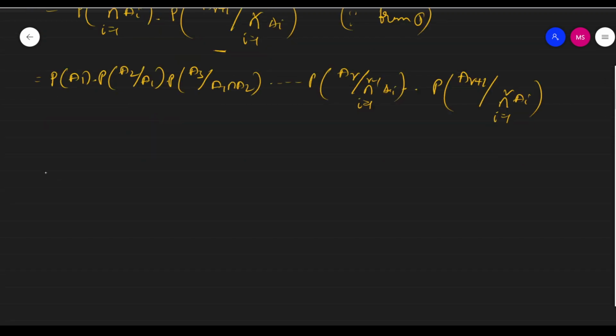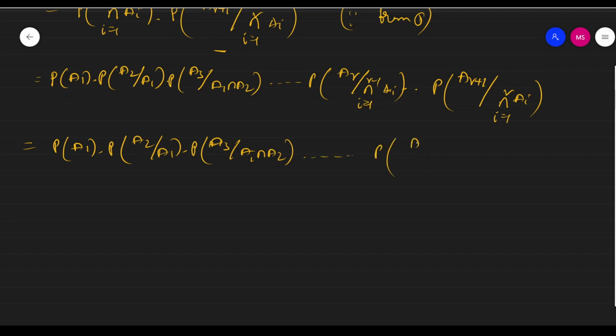So that is equal to the same steps: P of A1 into P of A2 given A1 into P of A3 given A1 intersection A2, and so on, P of A(r plus 1) given the intersection of Ai, i equal to 1 to r. Adding plus 1 and subtracting 1, the value is not changed.